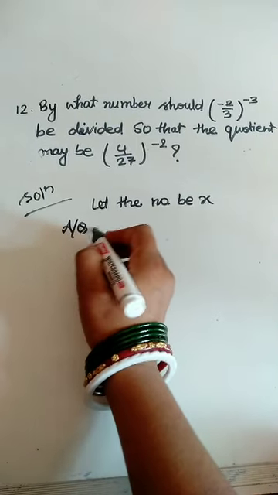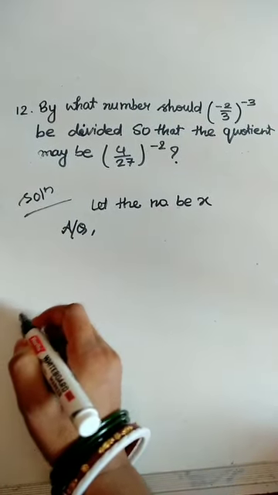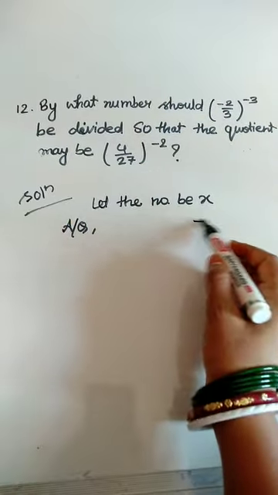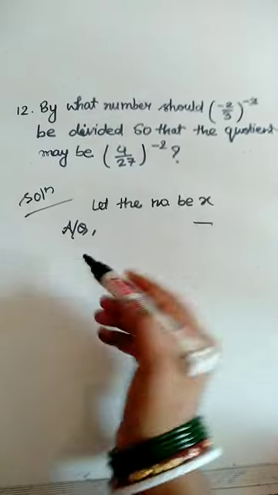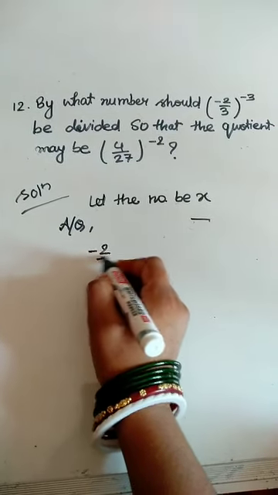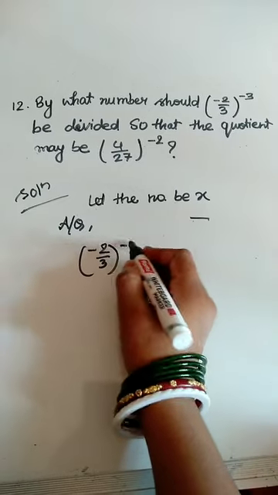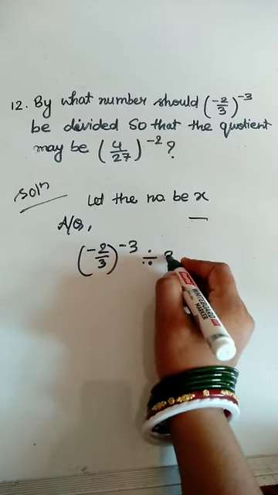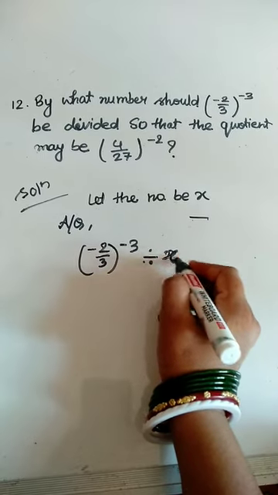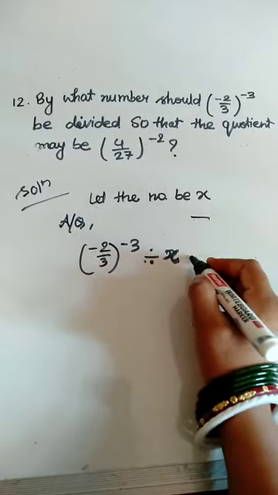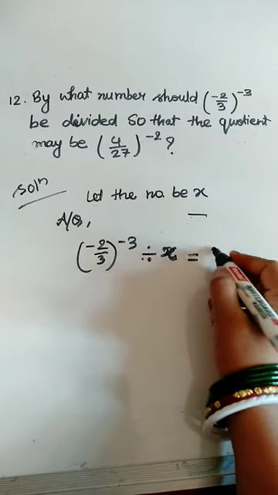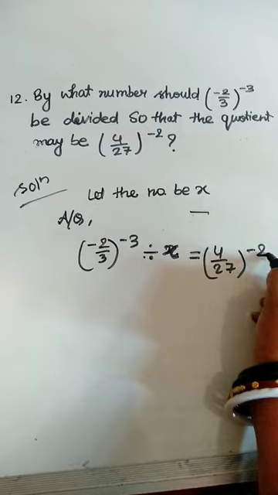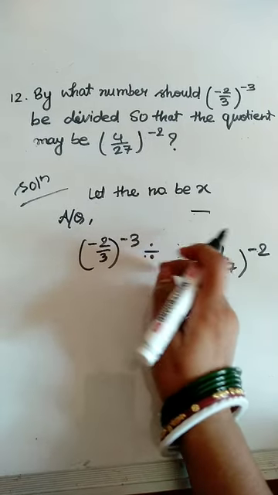According to the question, by what number, so the number is x, should (-2/3)^-3 be divided, that means divided by x, so that the quotient, that means the answer we get, is (4/27)^-2, and we have to find the value of this x.